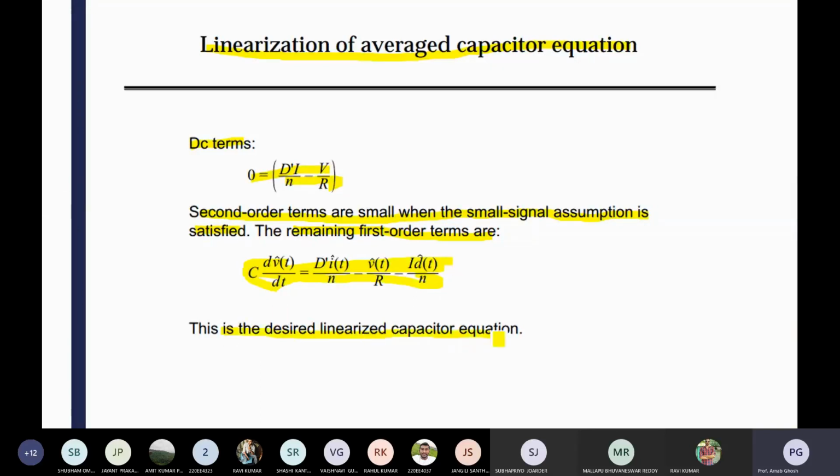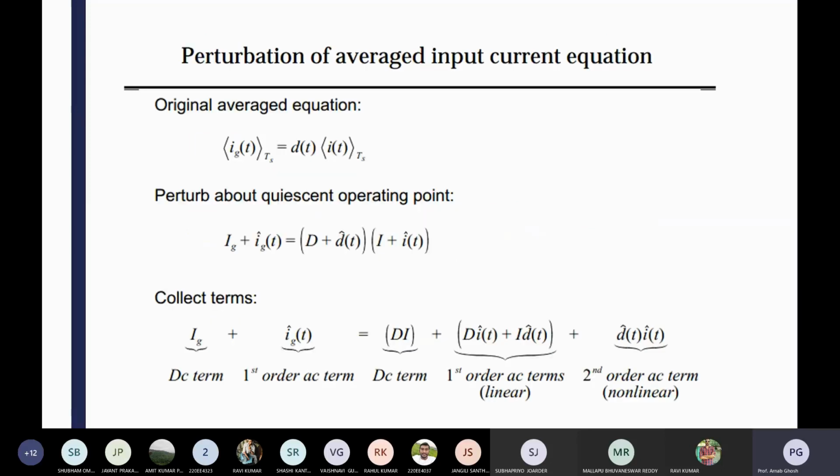This is the desired linearization of your capacitor equation. I think all of you will understand the capacitor equation after the linearization method. Then you get the expression of the inductor current, and you are getting the expression of the capacitor voltage.